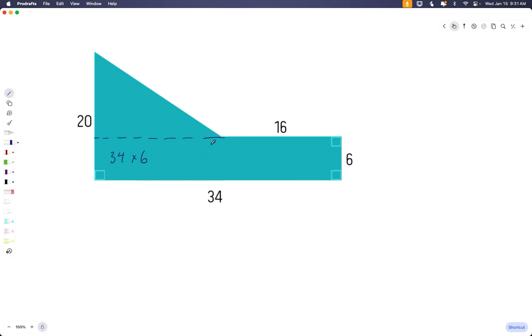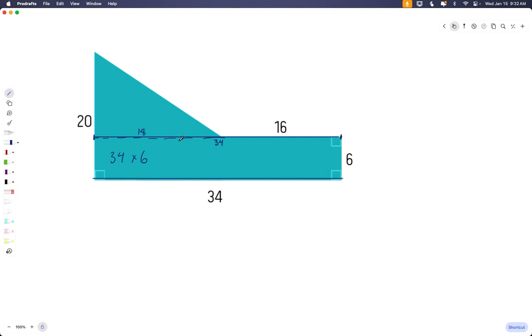So here's the thing that I see. Because this side of the rectangle is parallel to this side of the rectangle, this is 34 also. So if this from here to here is 34, and 16 of this is not in the triangle, then the other part, which is 18, is the base of the triangle.